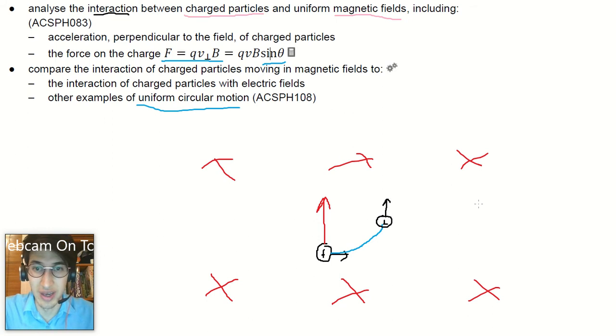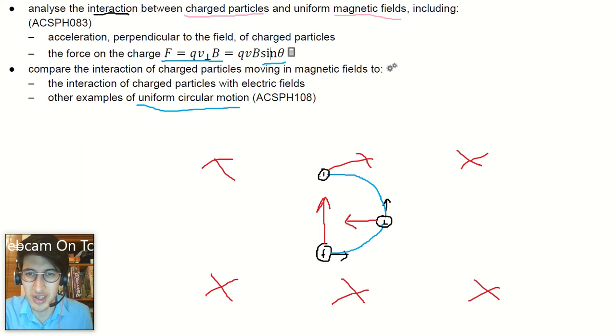Its velocity is that way, so the current is that way, magnetic field's into the page. The force is no longer upwards. Force is now to the left. So now our force is pointing to the left, and it's going to curve around that way. And you might see where I'm going with this.